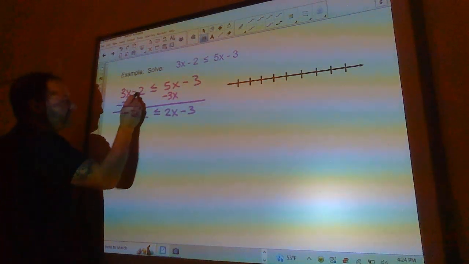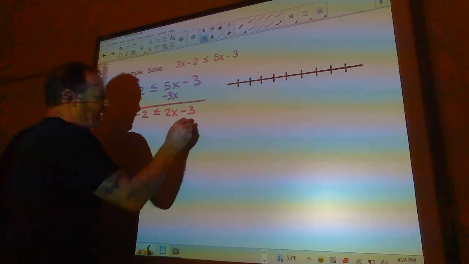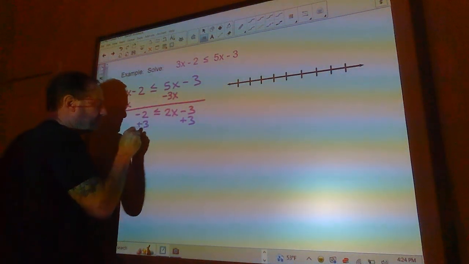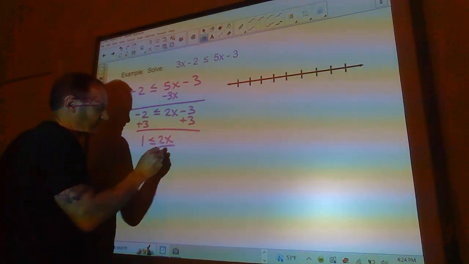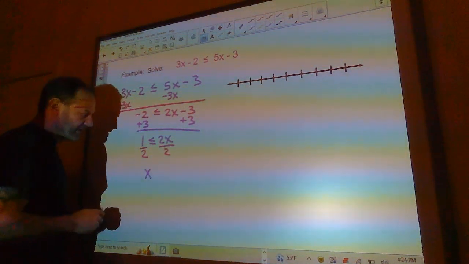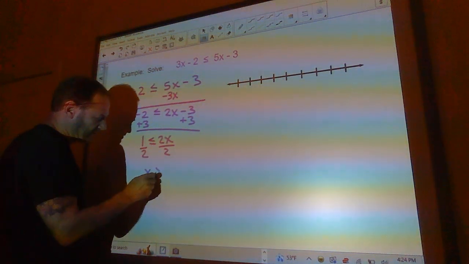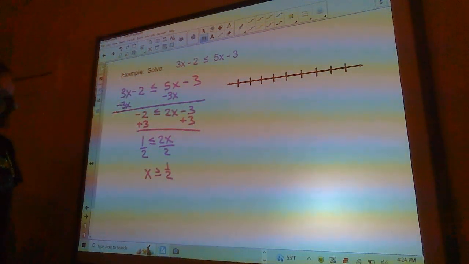Don't forget that minus sign is attached to the 2. It should come down with the 2. I'm going to add 3 to both sides. So this is going to be 1 is less than or equal to 2x. And I'm going to divide by 2. And now I always like to have my variable on the left side, so I'm going to switch this sign around. x is greater than or equal to 1/2.